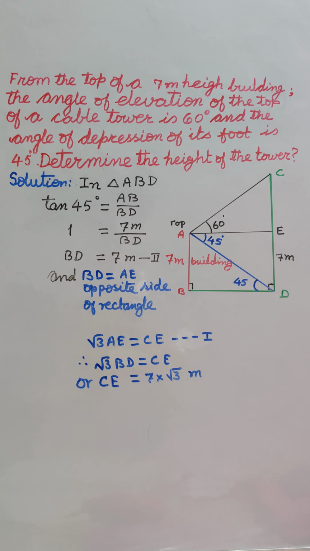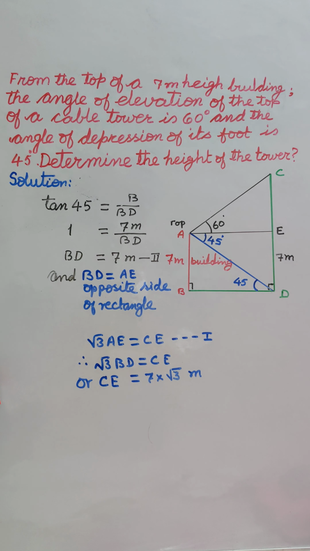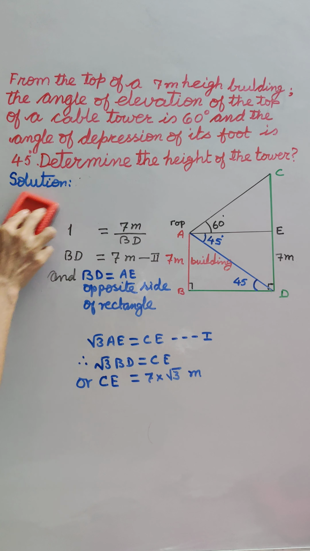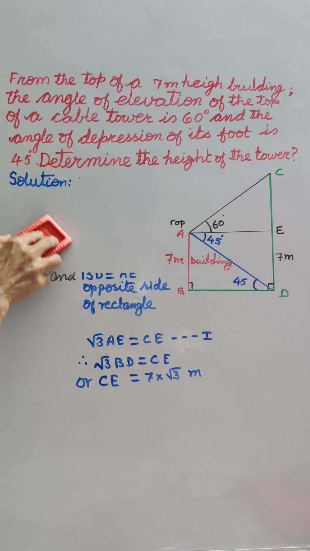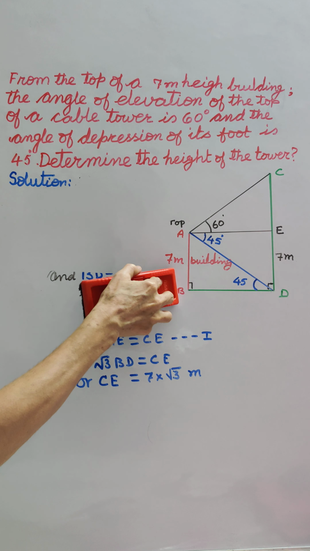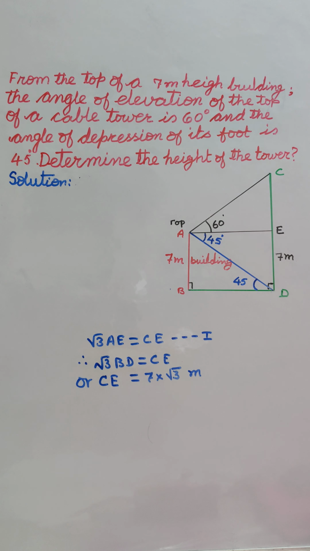And what will be the total height of the tower? That is CD. We know that CD is equal to CE plus ED.